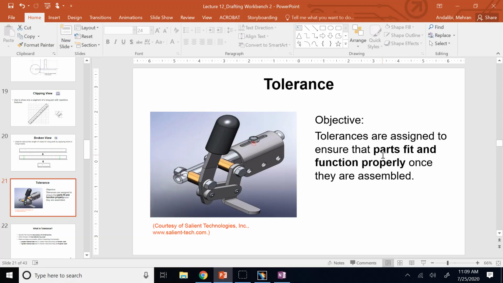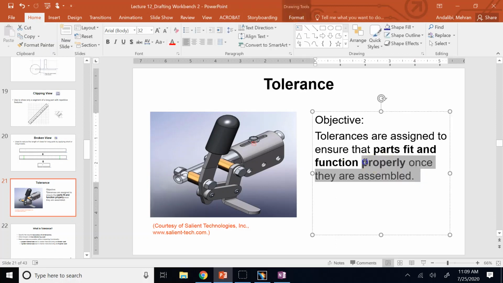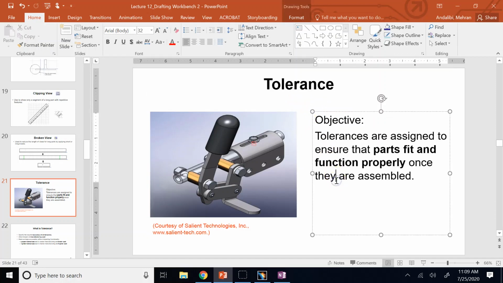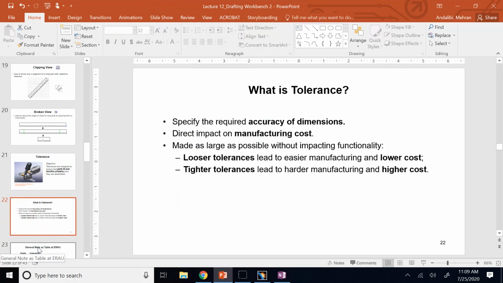Okay? So it means more time, more accurate machines, and it means what? More money, more cost. So although to us, just adding more zeros and making it more accurate after the decimal point is a good thing, in the real world it means cost and time.